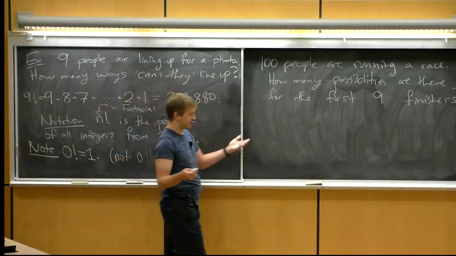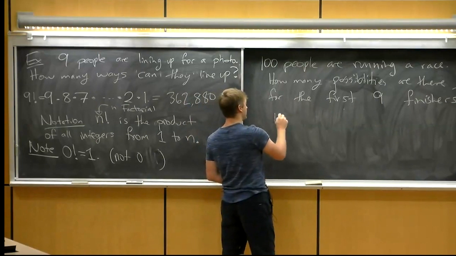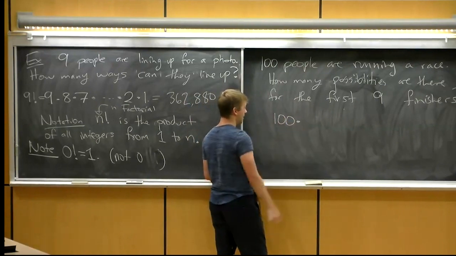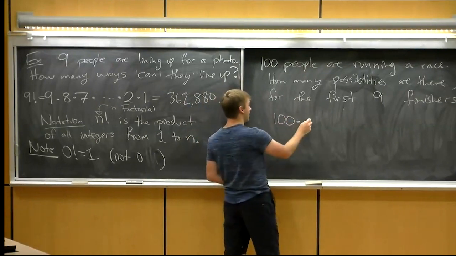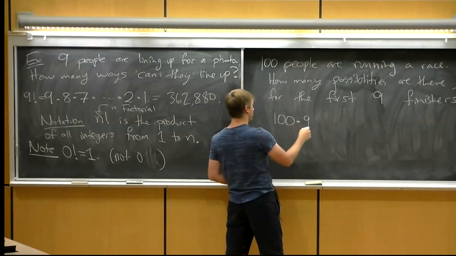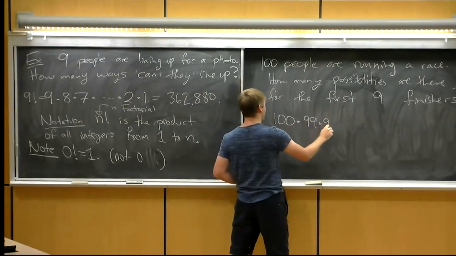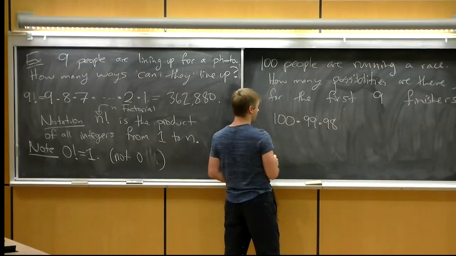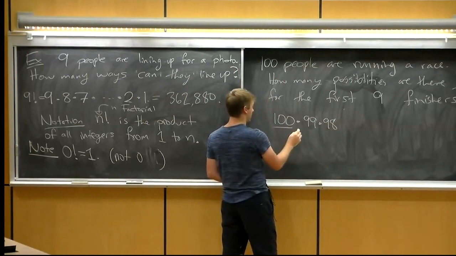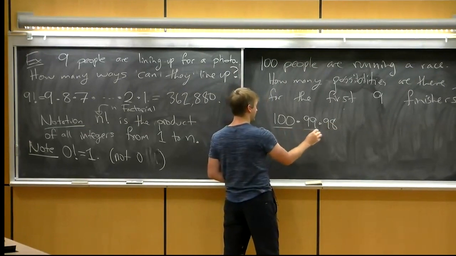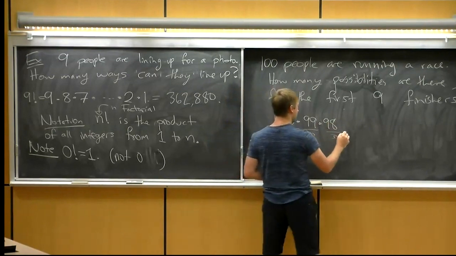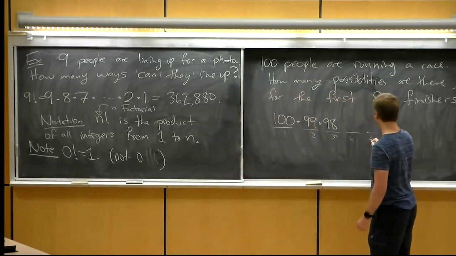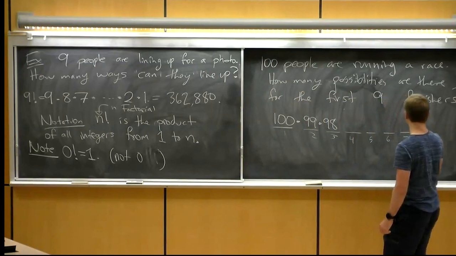Okay, and this is quite similar to other questions we've done, right? You've got 100 choices for the first, 99 for the second, 98 for the third. Maybe I should keep track of these. So 1, first place, second place, third place, 4, 5, 6.